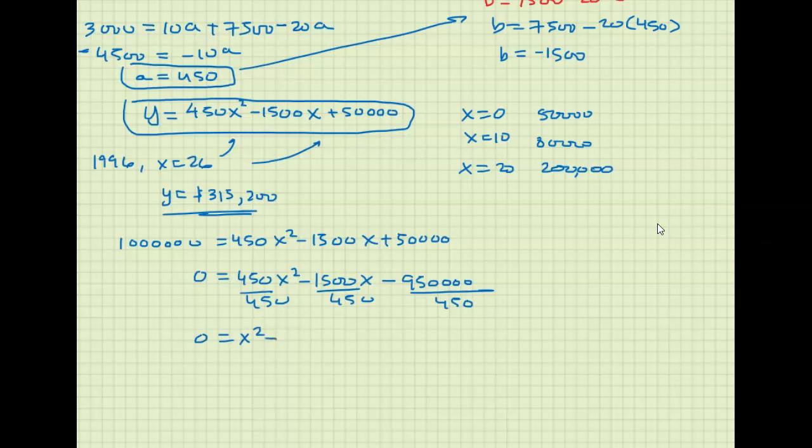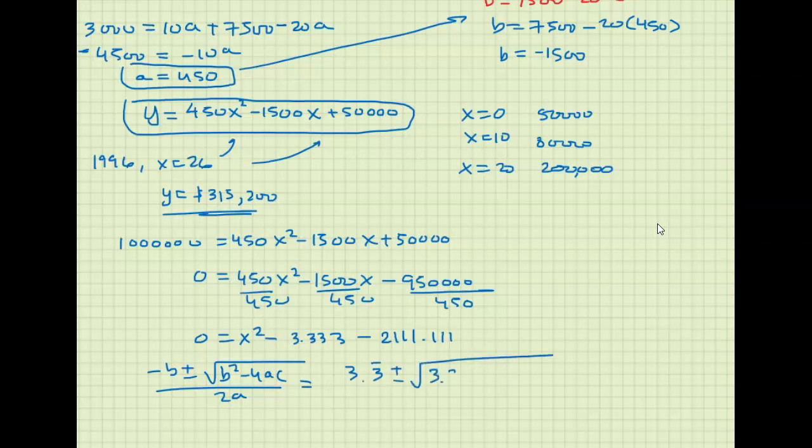0 is x squared minus 1,500 divided by 450, which is 3 1/3. And then 950,000 divided by 450 is 2111.1 repeating. Alright, so quadratic formula, we get negative b plus or minus the square root of b squared minus 4ac, divided by 2a. So 3.33 repeating plus or minus the square root of 3.33 repeating squared minus 4 times negative 2111 repeating times 1, divided by 2.